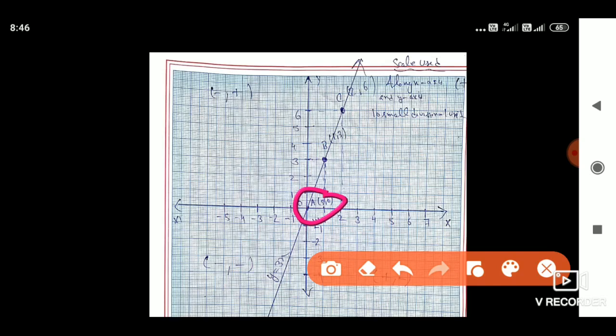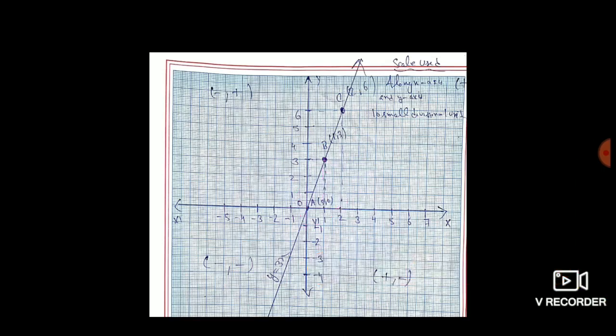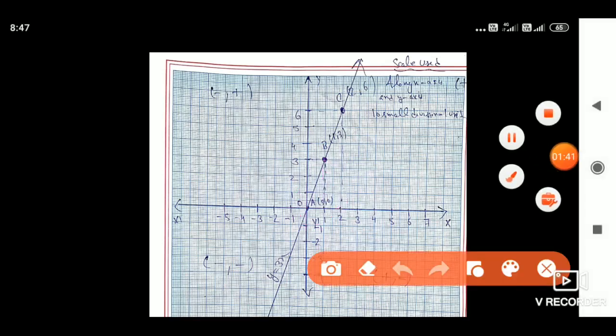So x is 1, so we draw a perpendicular line from x is 1. And y is 3, we draw a perpendicular line from the point 3 on the y-axis in the first quadrant. Where these 2 lines intersect each other, we get a point B. Now point C is 2, 6.